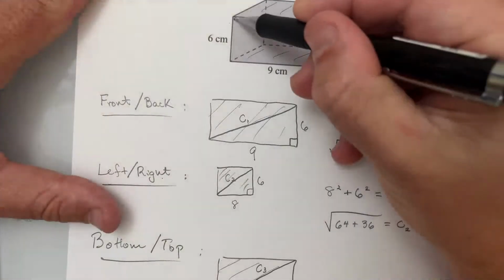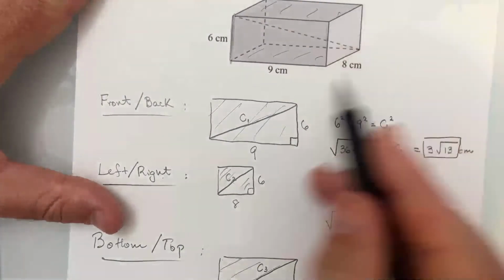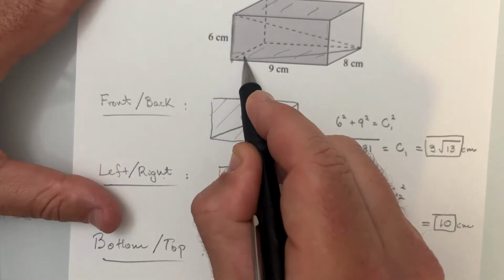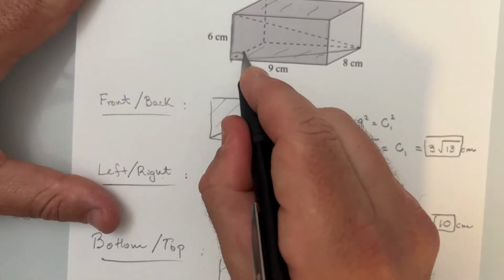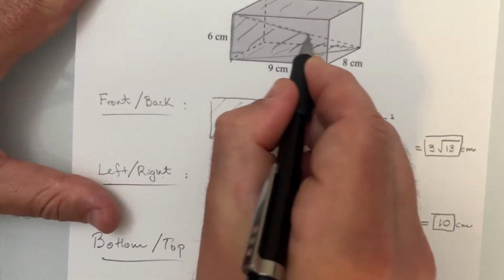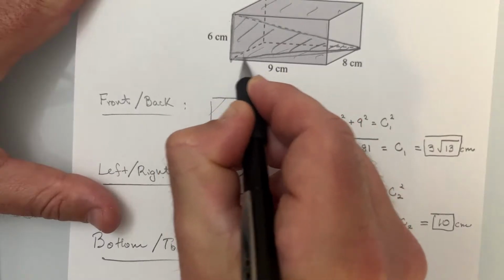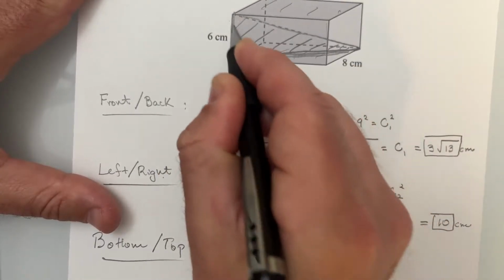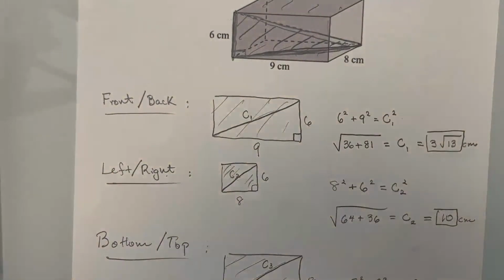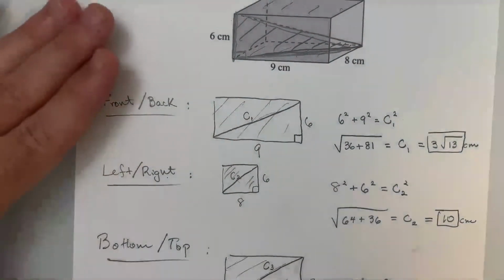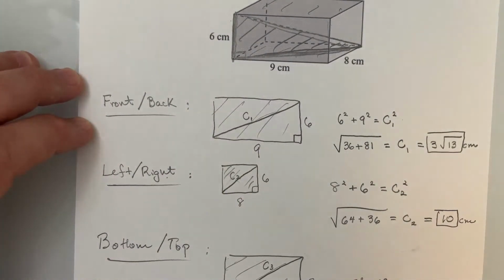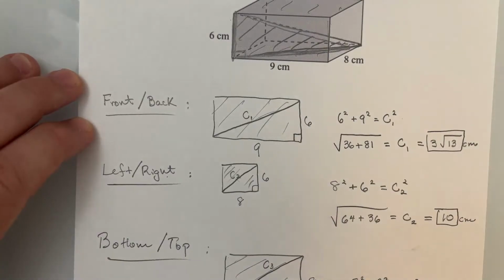If you imagine it, there's this right triangle going kind of across like that. So that one. Okay, so that is the hypotenuse of that triangle. So I'll say kind of inside.